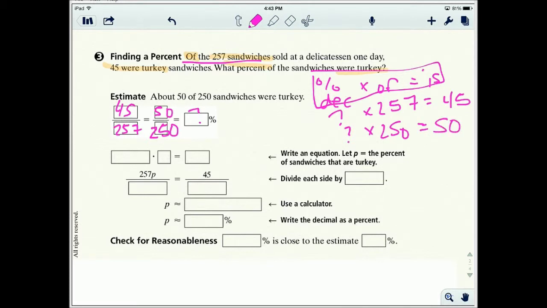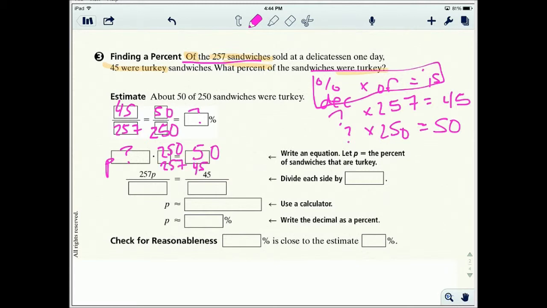So I'm going to say the percent, or P, times 250 gives me 50. And if you notice at the bottom, they are continuing with the correct numbers. So this would be P times 257 is equal to 45.